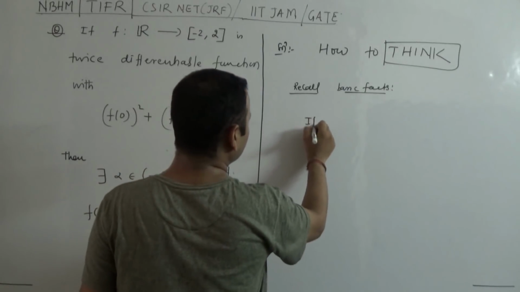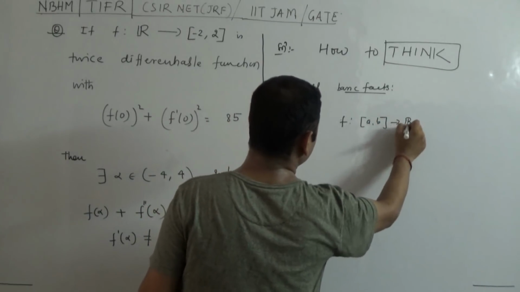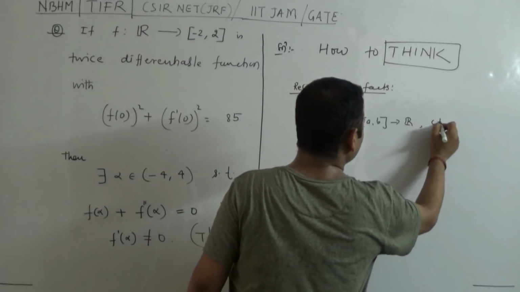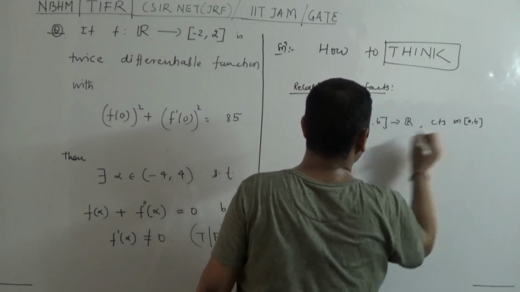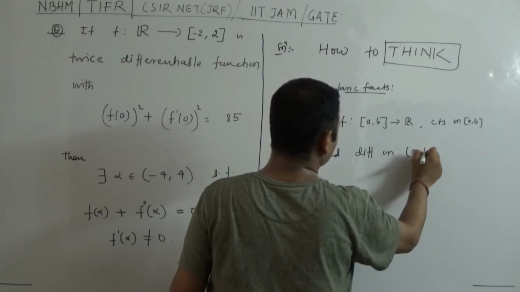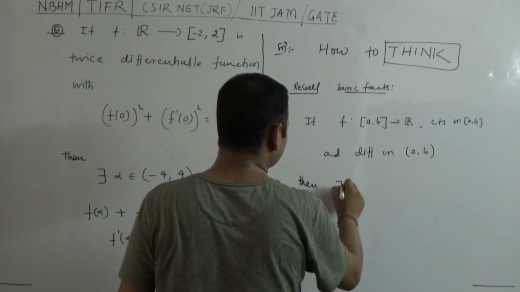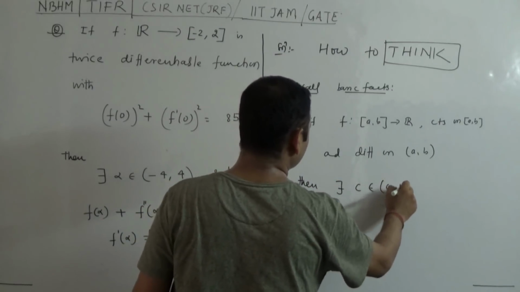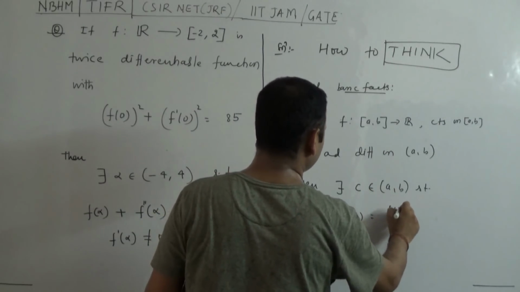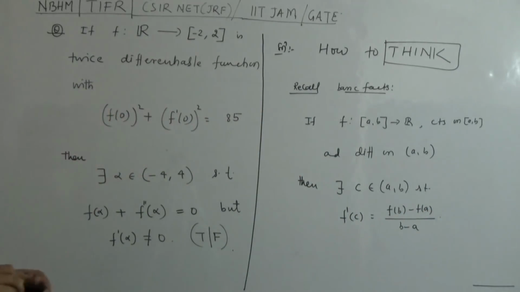If f is a mapping from the closed interval [a, b] to R which is continuous on [a, b] and differentiable on the open interval (a, b), then there exists c in the open interval (a, b) such that f prime(c) is equal to (f(b) minus f(a)) divided by (b minus a). So this is Lagrange's mean value theorem.